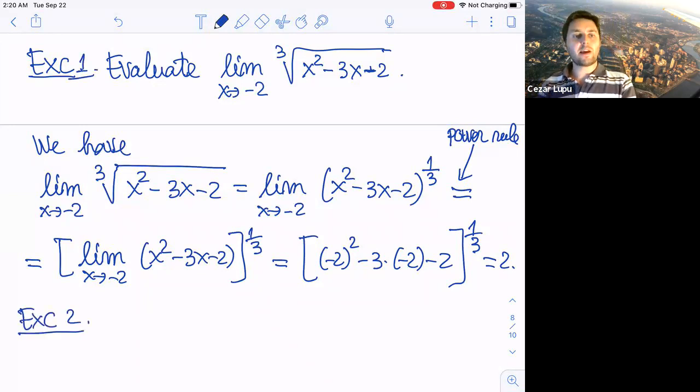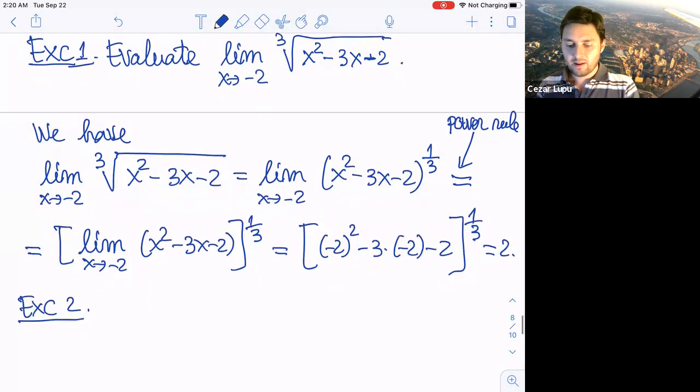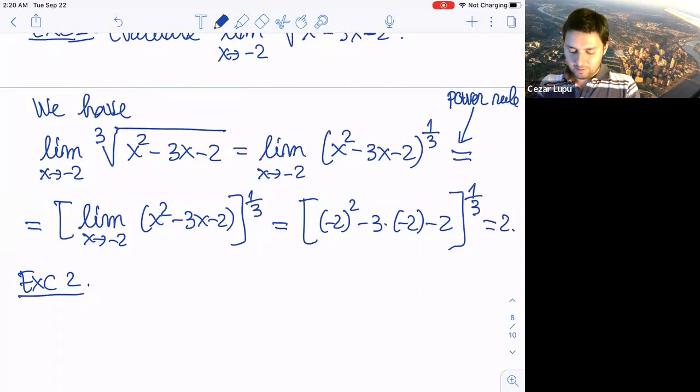We are interested in how the main trigonometric functions behave at x equals 0.